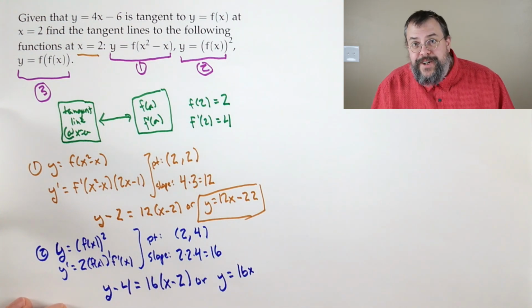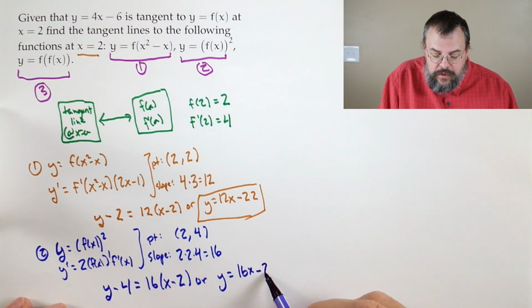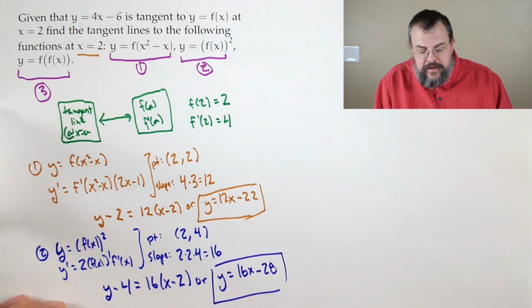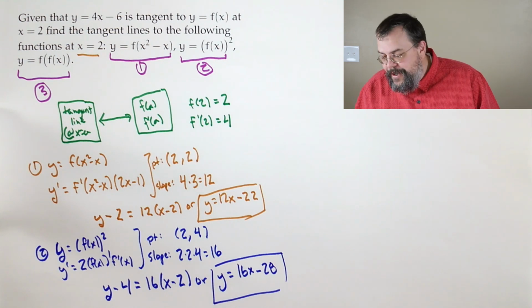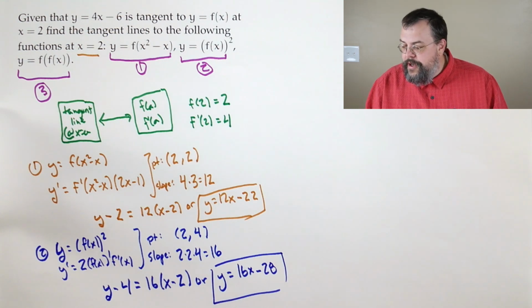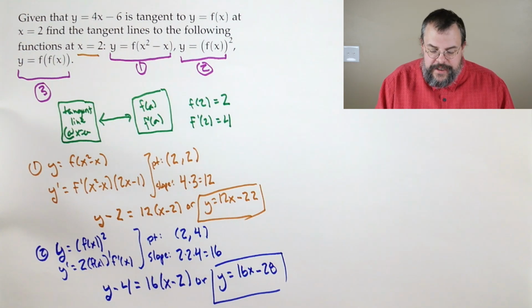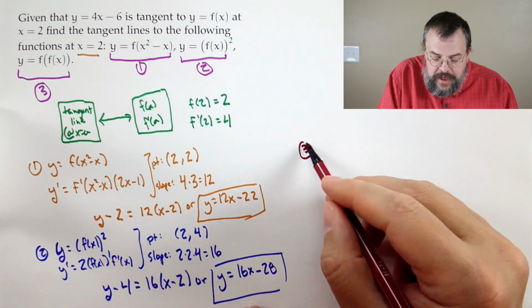So minus 32, add 4 makes it minus 28. And there we go. That's the second one. All right, 2/3 done. One more to go. And of course we're going to do it. We've come so far, we're not just going to stop. All right, so the last one. We'll do number 3 here.